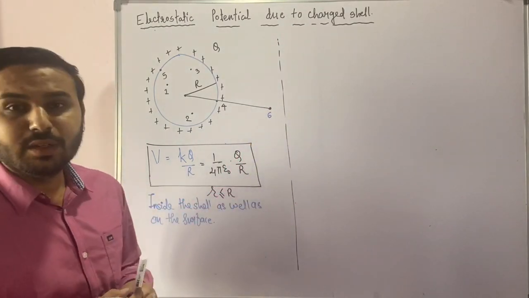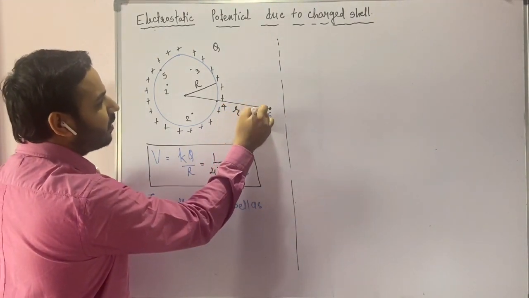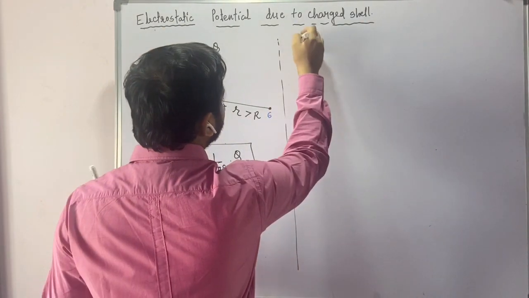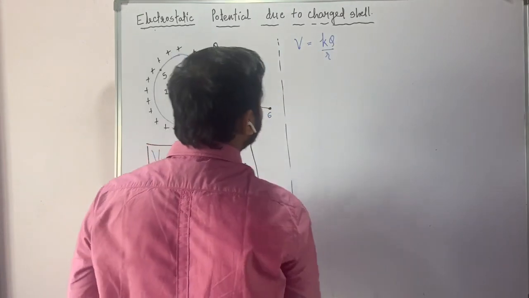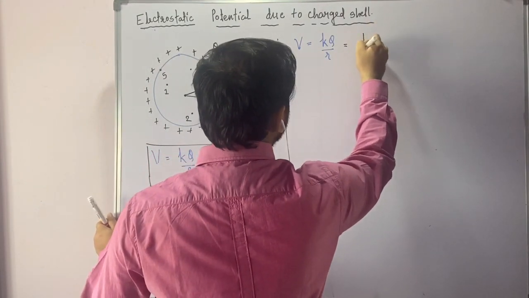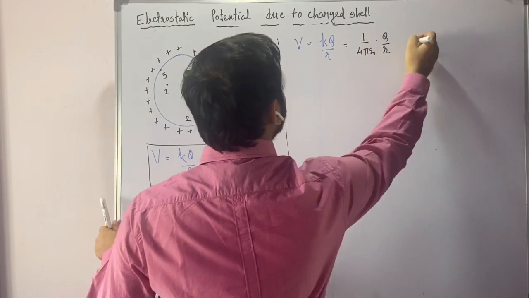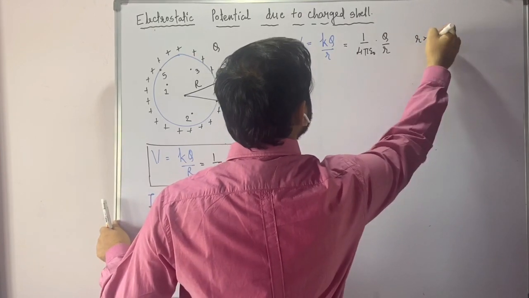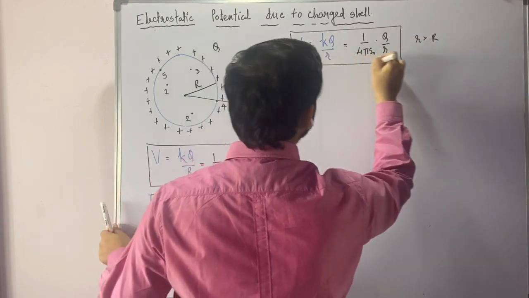I need to find electrostatic potential at this point, situated at r, where r is greater than R. Now, V is equal to KQ upon small r, or 1 upon 4 pi epsilon naught Q upon small r, where r is greater than capital R, outside the shell.